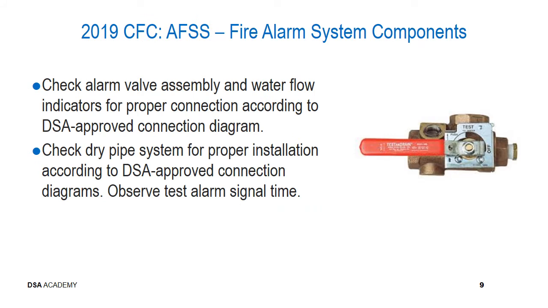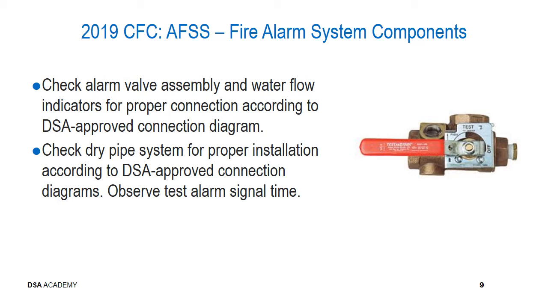As part of the sprinkler system, there are components that are interrelated to fire alarm systems. Check the alarm check valve assembly and water flow indicators for proper connection according to the DSA approved drawings. The alarm check valve and the water flow must transmit a supervisory signal to the fire alarm control panel. Also want to check the dry pipe systems, when provided, for proper installation according to the plans.